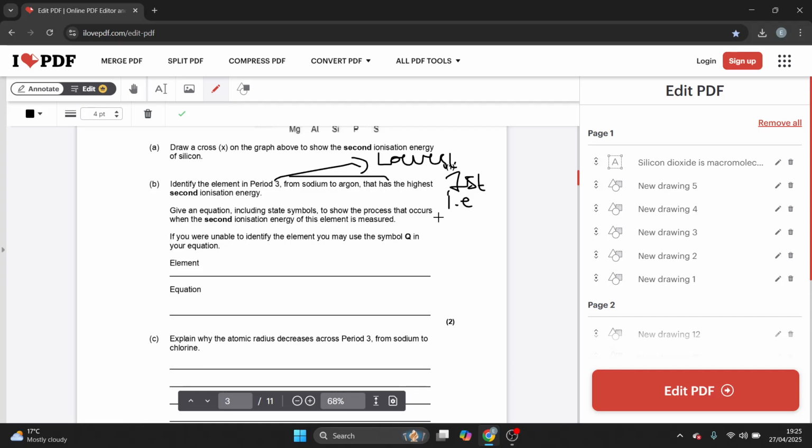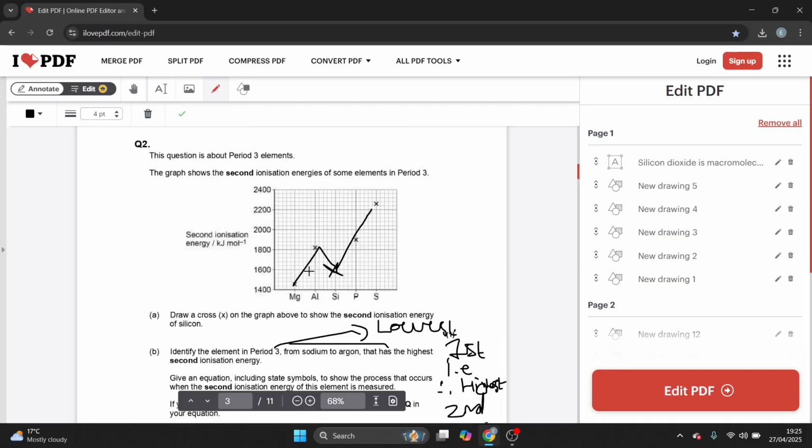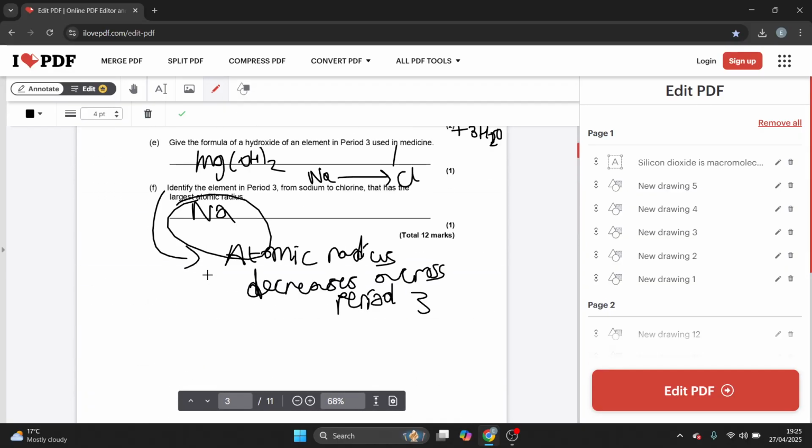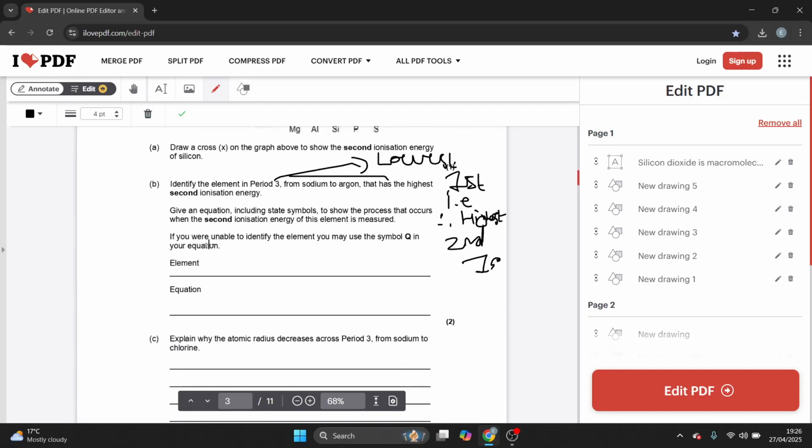If it has the lowest first ionization energy, therefore it's got the highest second ionization energy. The one with the lowest has got to be sodium, because it's got the largest atomic radius.